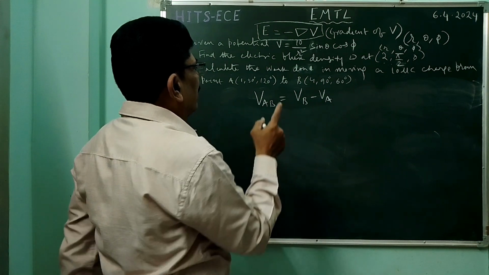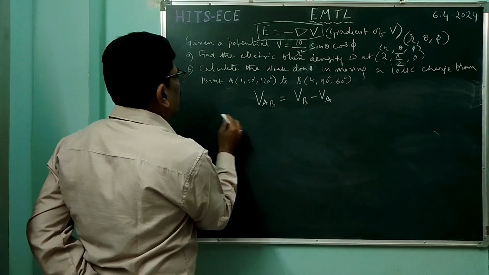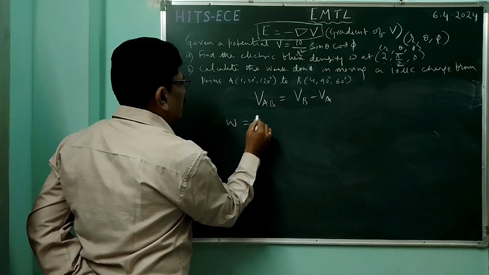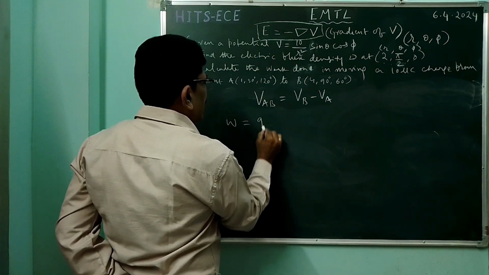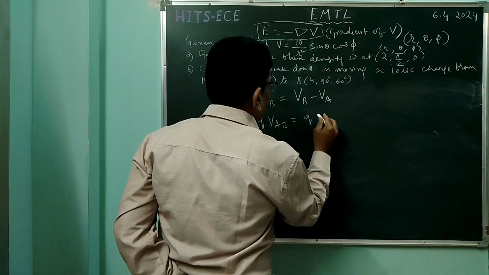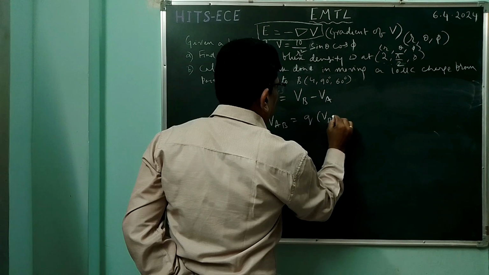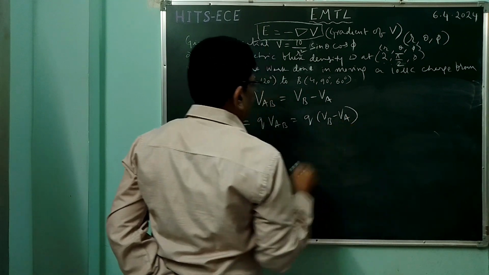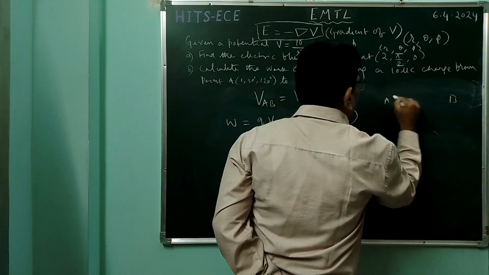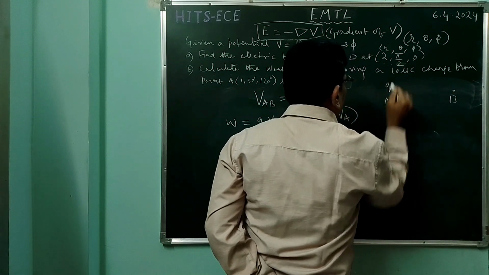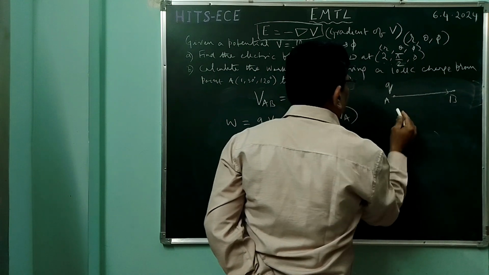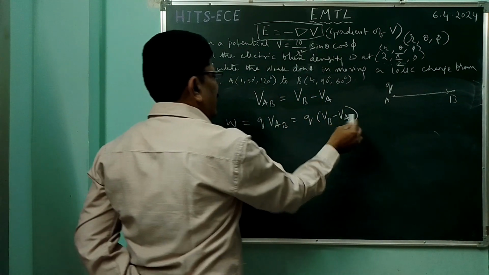So work done in moving Q coulombs from A to B is Q into V_AB, which is equal to Q into (V_B minus V_A) joules.